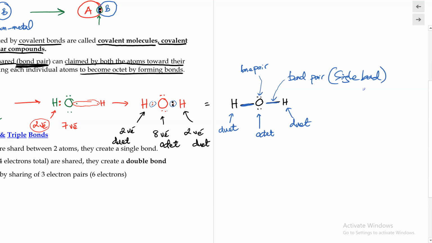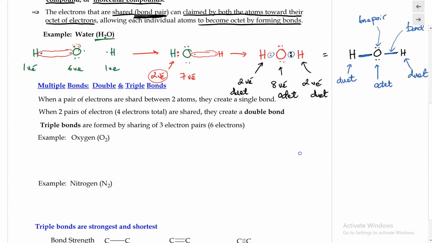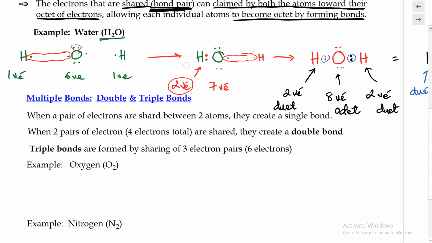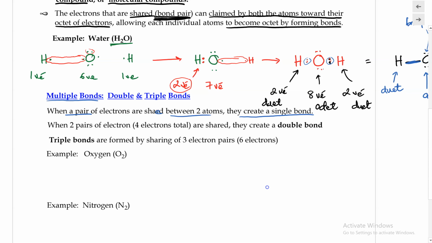And now let's discuss multiple bonds and single bonds. Double and triple bonds are referred to as multiple bonds. And here are the differences between a multiple bond versus a single bond. When one pair of electrons is shared between two atoms, they create the single bond that we have seen already.